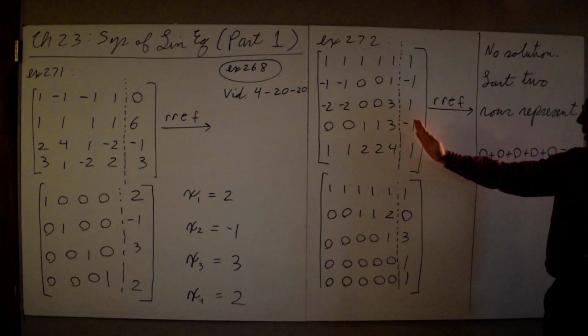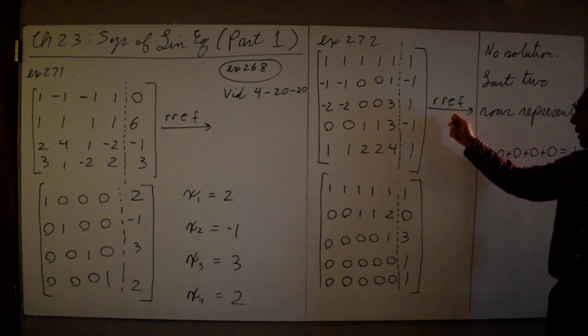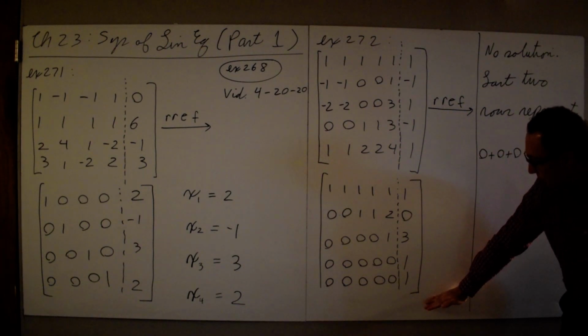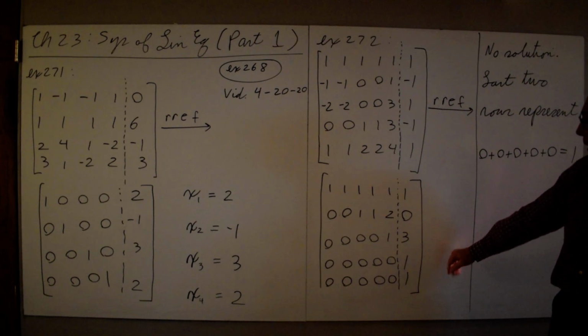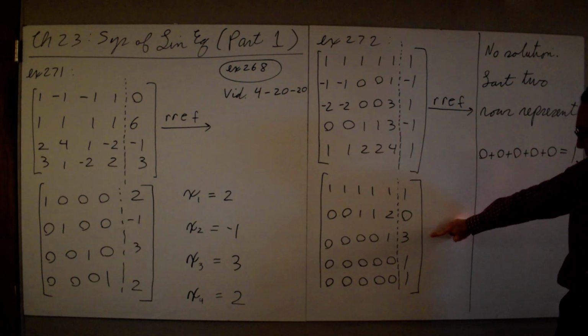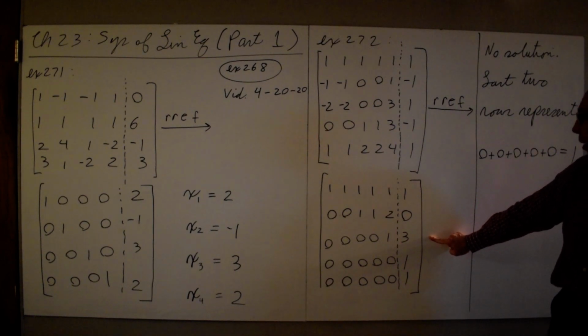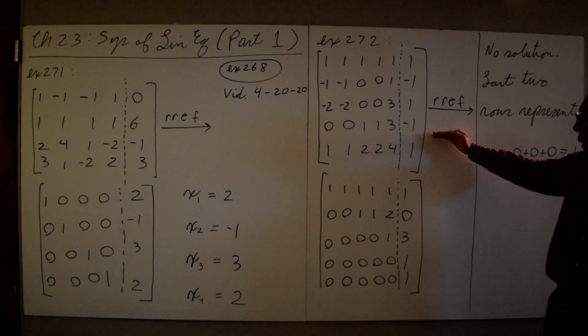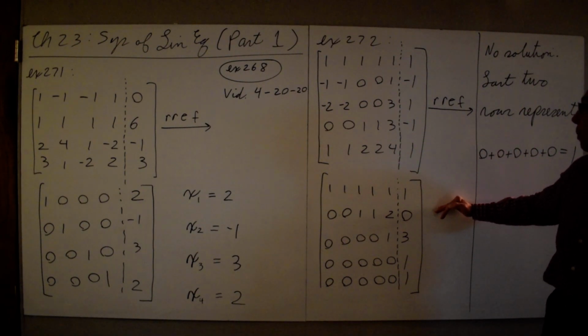So we take our augmented matrix and we put it in reduced row echelon form and it produces this matrix. Again, the system of equations represented by this augmented matrix and this augmented matrix are the same. That is true for every step in between as well.